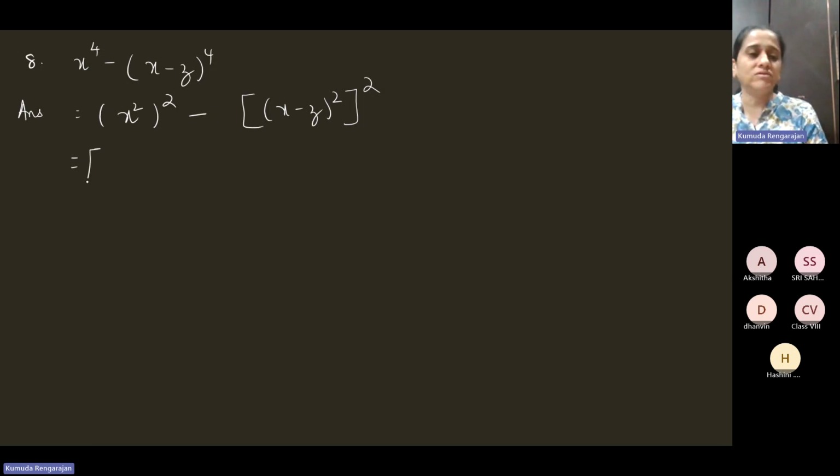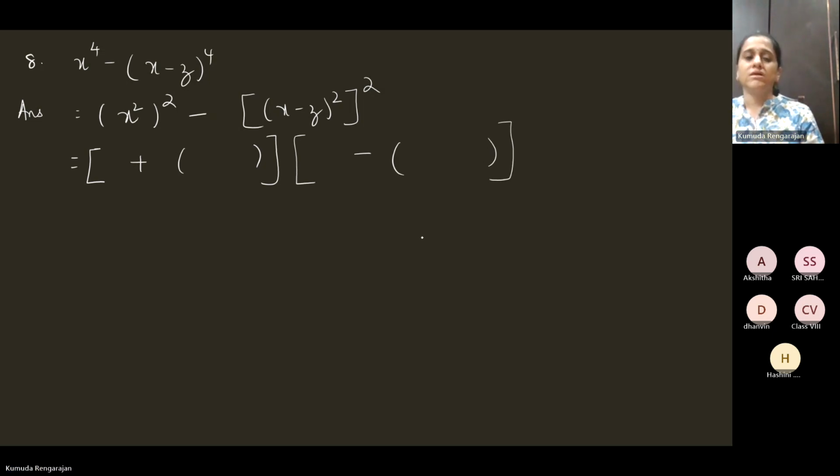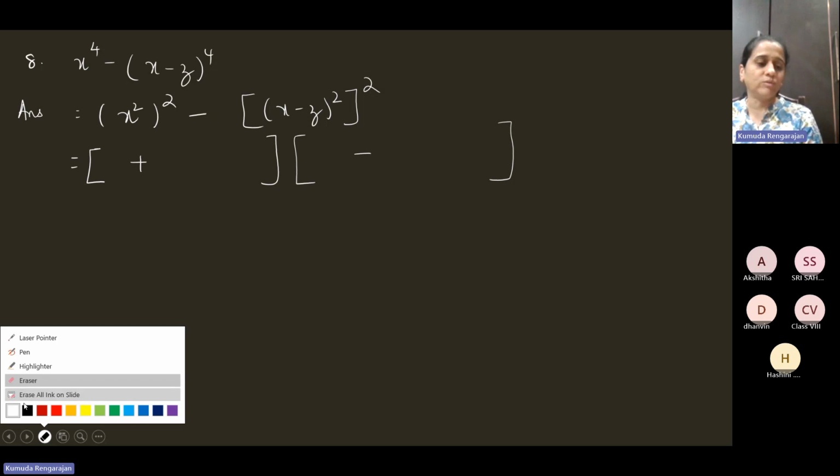So how do you reserve spaces? a plus b, this is b, into a minus b. B already has a bracket there, so you don't have to actually put it.